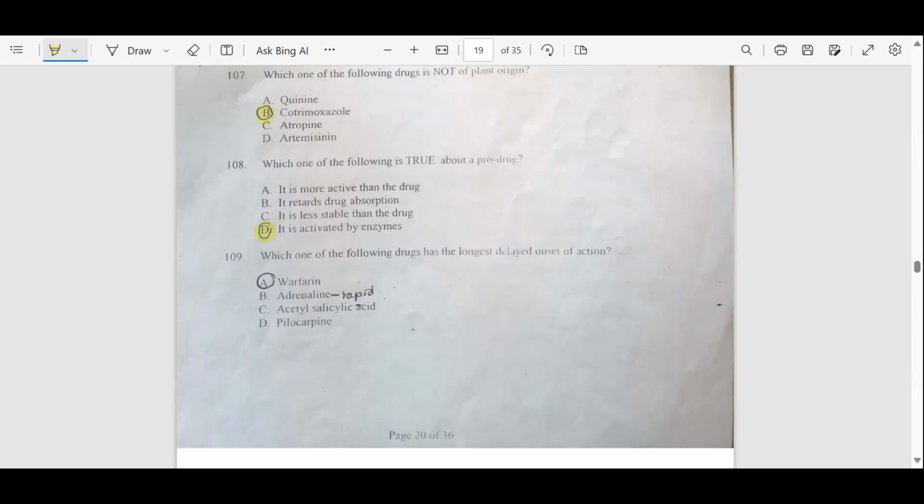Levodopa's active drug is dopamine. How about aspirin? The active drug is salicylic acid.